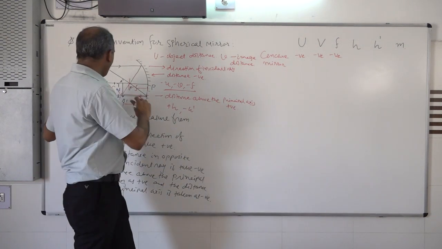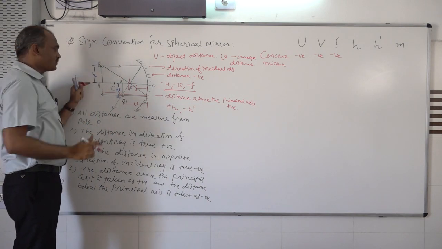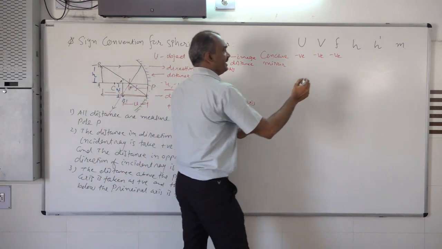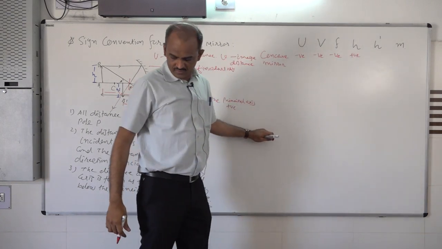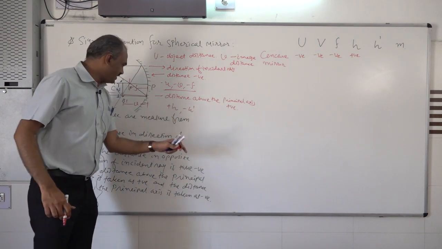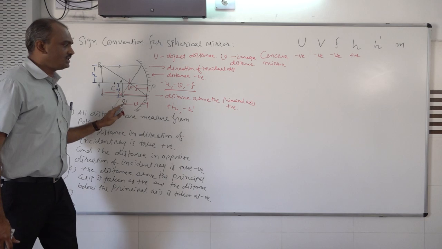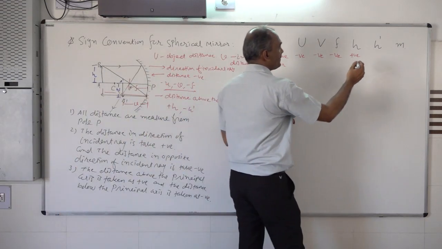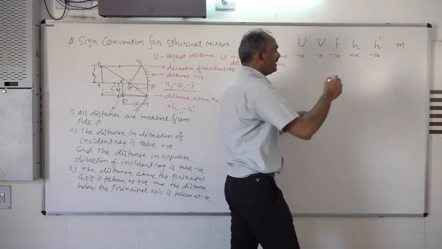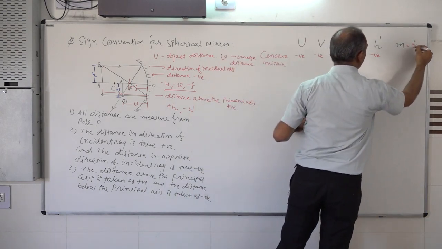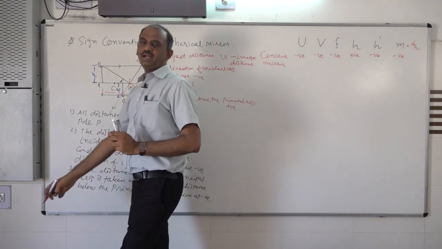Now the object is always above the pole P, so this we consider positive. Now the image: in most cases we get the image below the pole, so this is a negative sign. And M is nothing but H dash upon H, so this also is a negative sign.